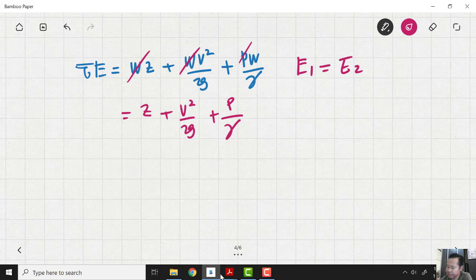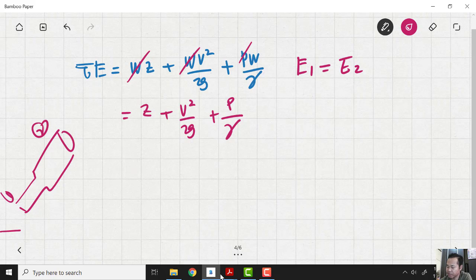Looking at this picture, we have point 1 and point 2, and we have an elevation. Energy at point 1 equals energy at point 2. Energy cannot be destroyed or created.